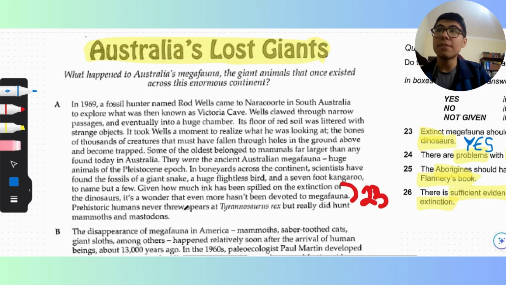Prehistoric humans never threw spears at some sort of word here. I'm not gonna bother myself reading it because it's just a waste of time. But really, they did hunt mammoths and mastodons.